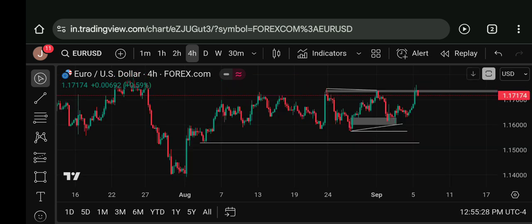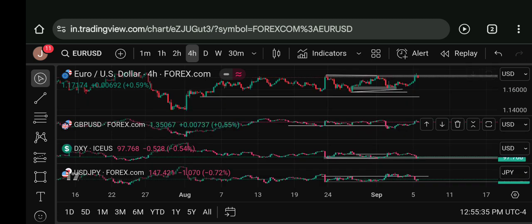It happens, guys, sometimes. So thank you. This was the trade. While both our correlated assets GBP USD and USD JPY hit the drawn liquidity, Euro USD and DXY failed to do so. It happens sometimes, guys. It happens.